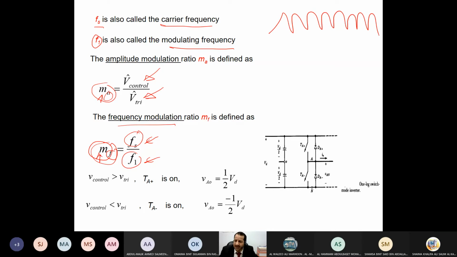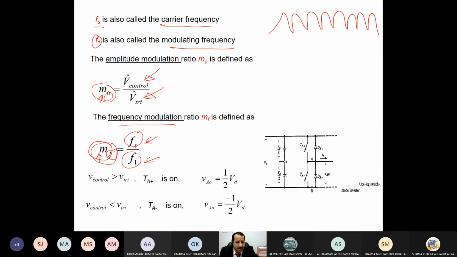Just a minute, it reminds me of our discussion of pulse width modulation in the DC-DC converter. You remember the buck converter? When we discussed it, there was a carrier signal and a control signal, and we compared them in the comparator until we got the control of the pulse modulation, or width.